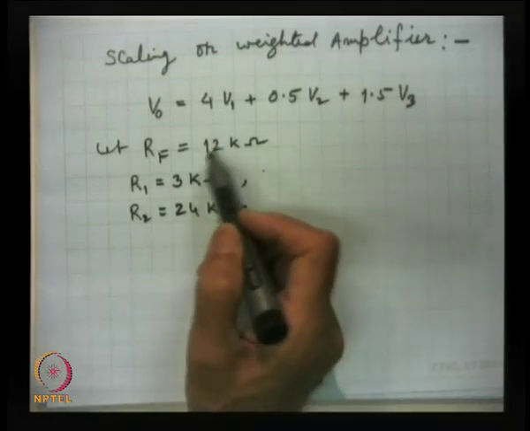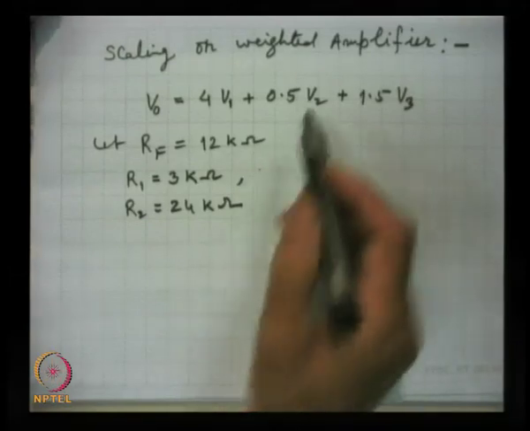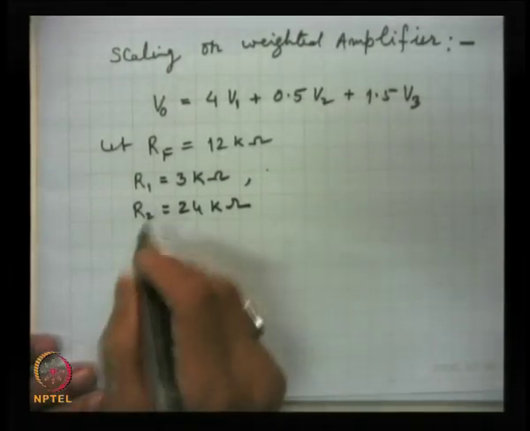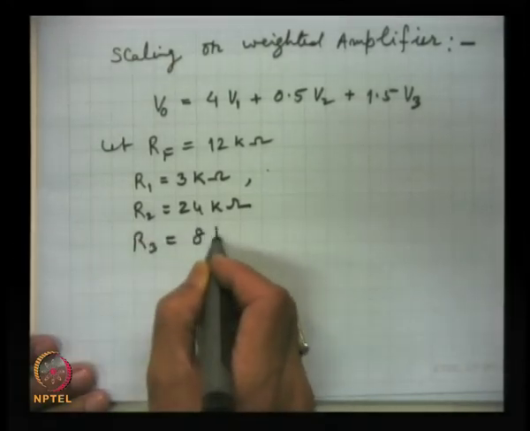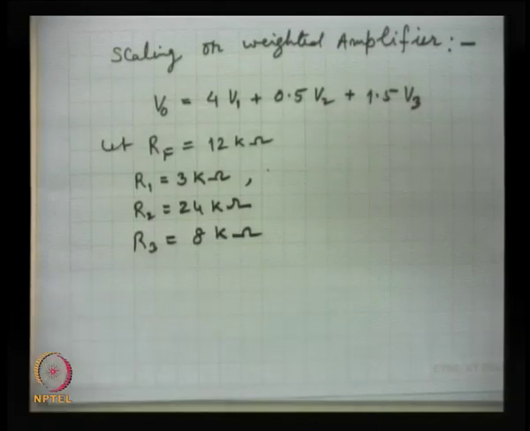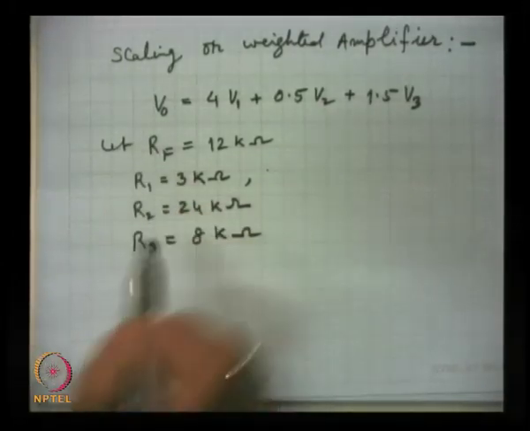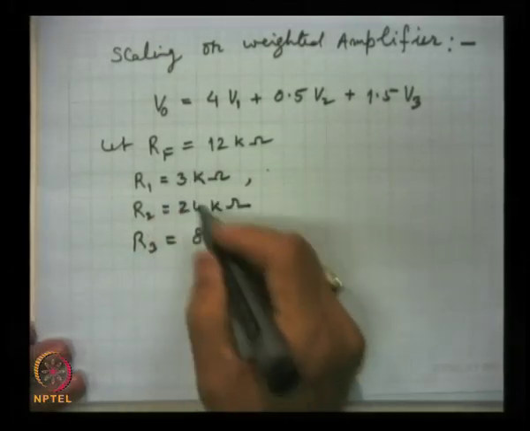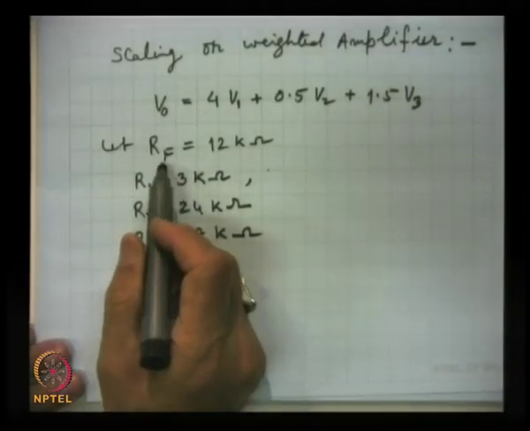So that means 12 by 24, which is 0.5. So we will get a gain of 0.5. And similarly R3 we take as 8 kilo ohms. These resistances are all different. R1, R2, R3, they are not the same, they are all different, and they are different from Rf as well.